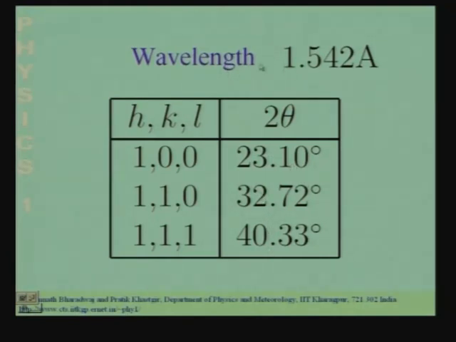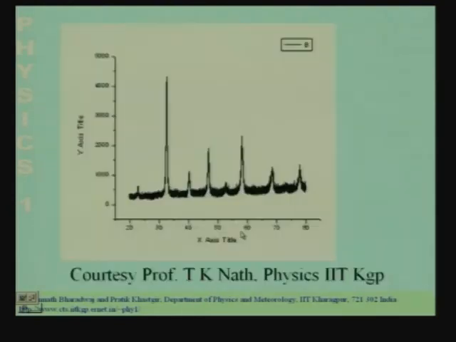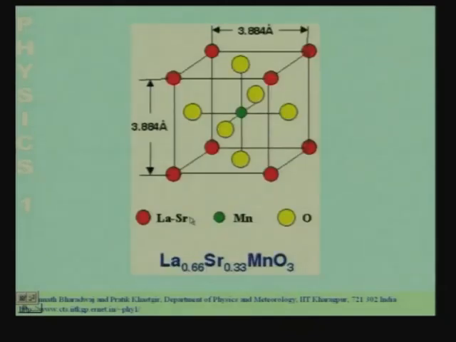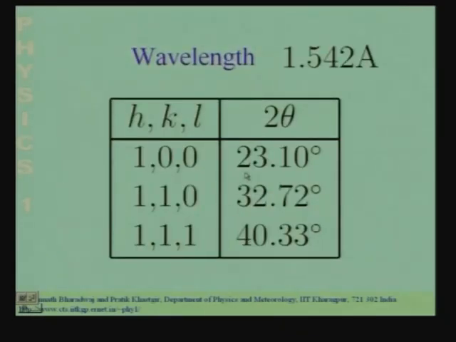The wavelength of the incident X-ray is 1.542 angstrom. And what has been done here is, we have taken this graph and measured the angle corresponding to these maximas. So the smallest angle where you have a maxima corresponds to 2 theta being 23.10 degrees.